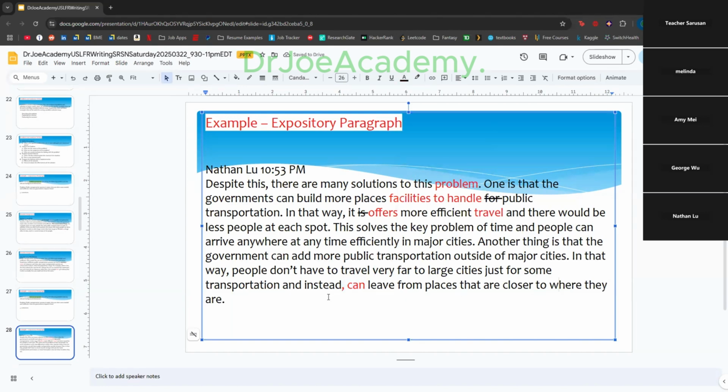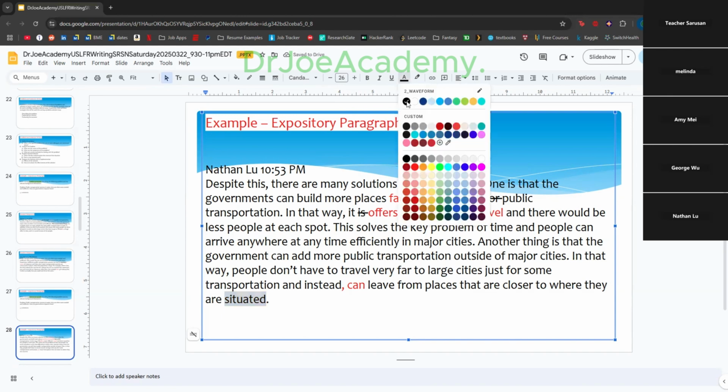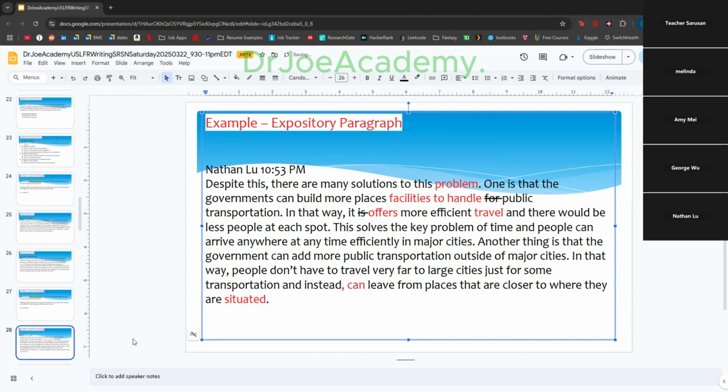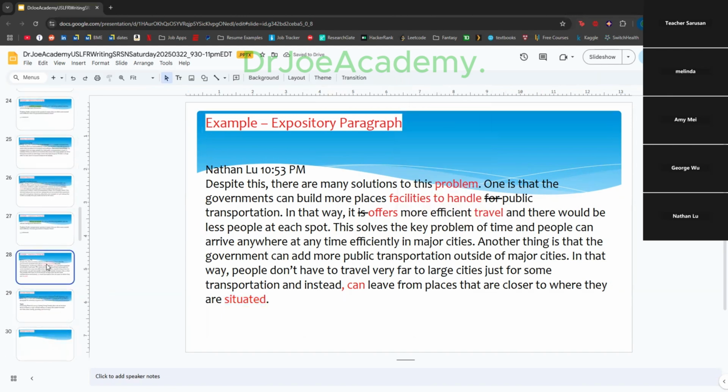Yeah, solid answer. I don't think we are allowed to end sentences with a preposition like this, so we can say closer to where they are situated. All right, overall, solid answer right here. You provided some realistic solutions. Let's check out the other answer as well.